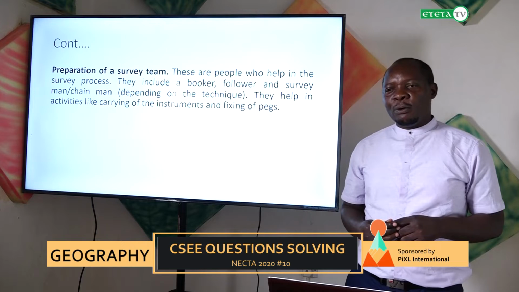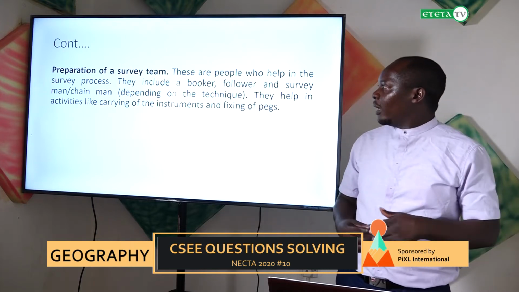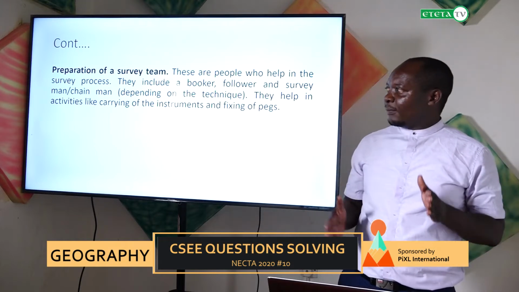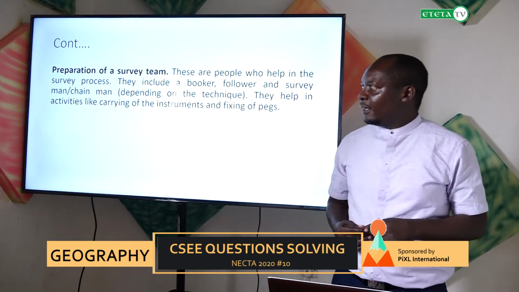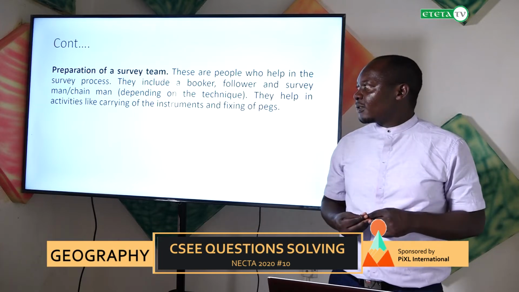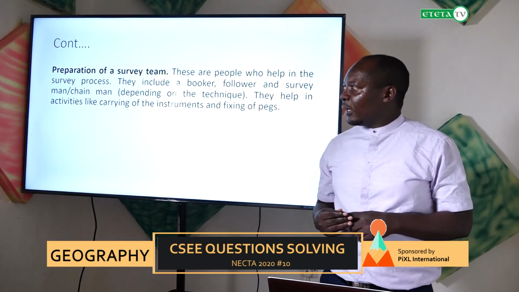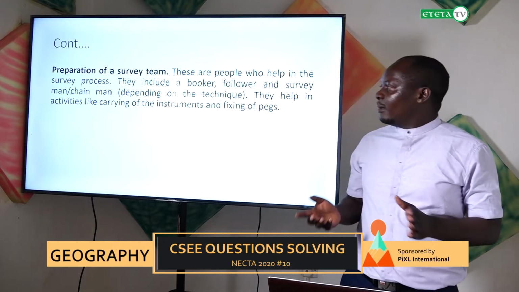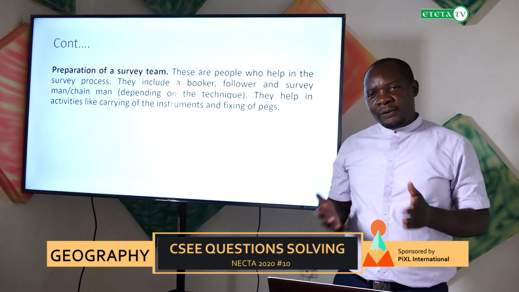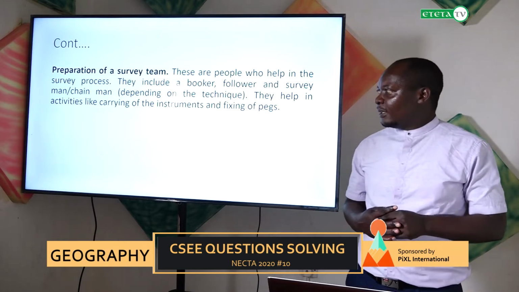This may include the booker, the one who records the information, the follower, and the chain man. But also, as we said, the survey team is identified depending on the technique that is going to be used.